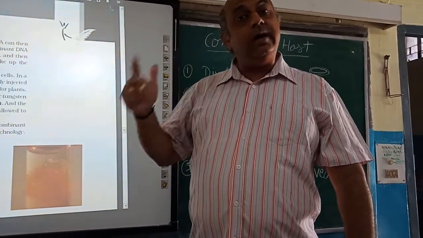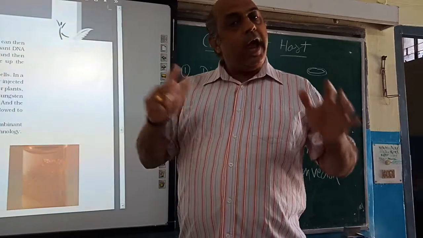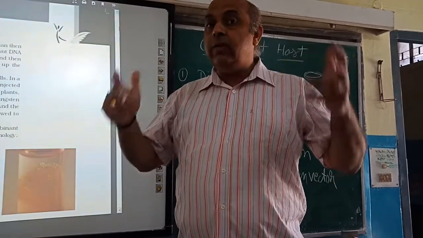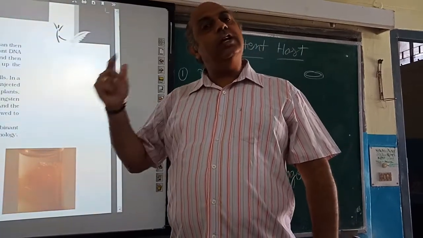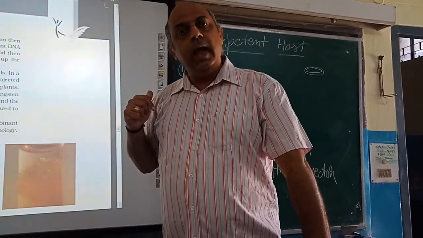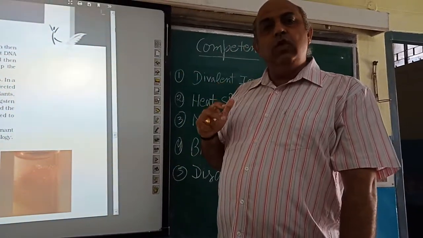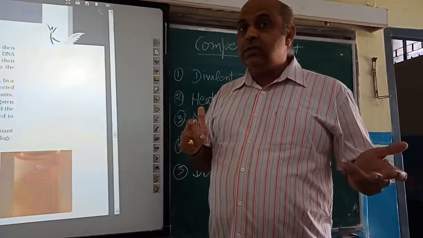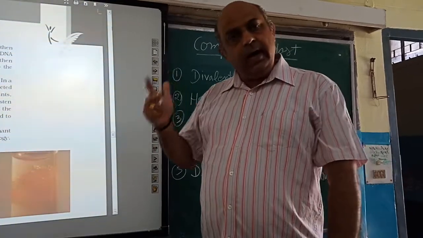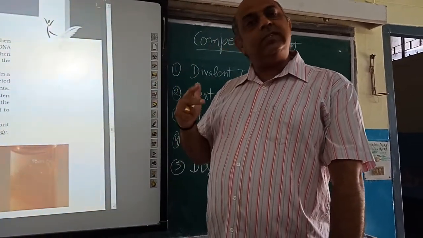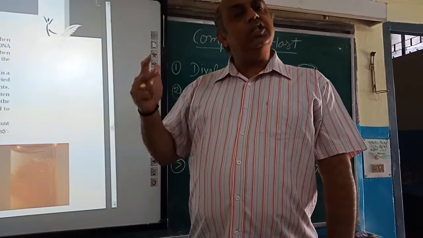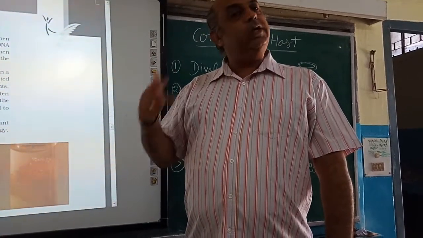And I have already told you how we use Agrobacterium tumefaciens to deliver the gene of interest to the dicot angiosperms. And in the case of animals, we use retroviruses. I have told you about retroviruses in my previous lecture. They are also used to deliver the gene of interest to animals.